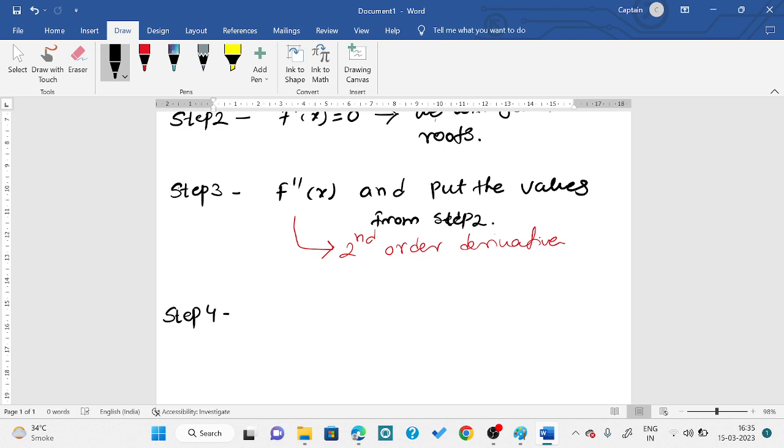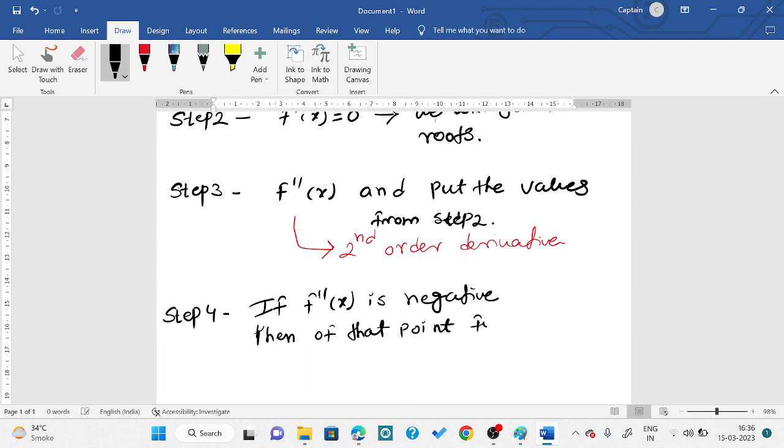Step number 4 is: after substituting the values, if f double dash of x is negative, then for that point the function is maximum.